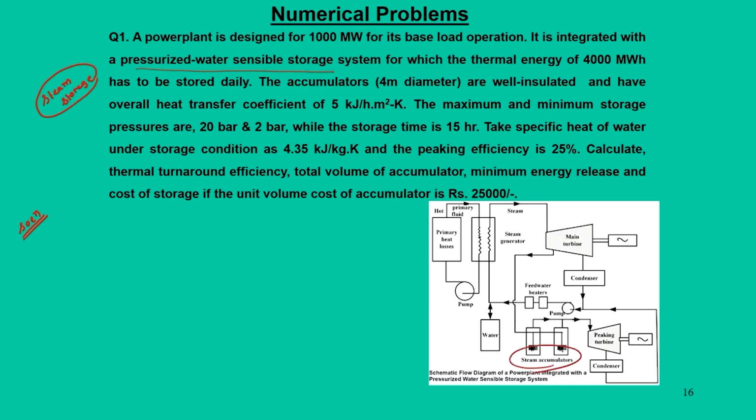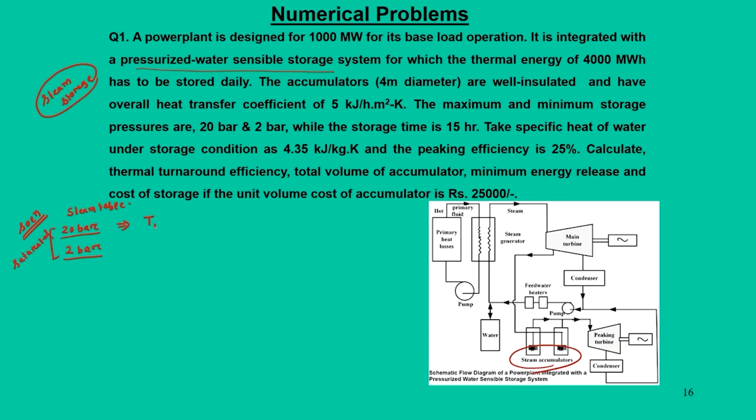This steam accumulator unit has certain parameters, and the steam has to be stored at 20 bar and 2 bar. So, upper limit of 20 bar and 2 bar pressures, and for this we can use the steam table to find out the saturated values. So, we call this a saturated condition.